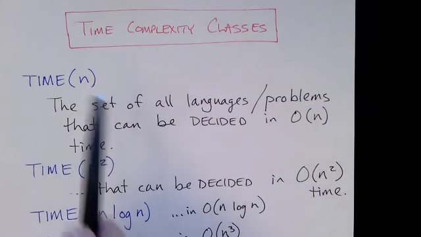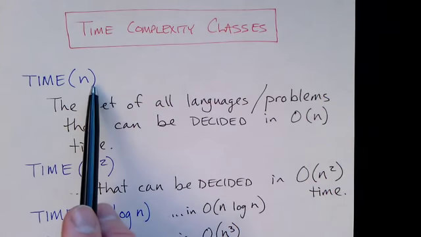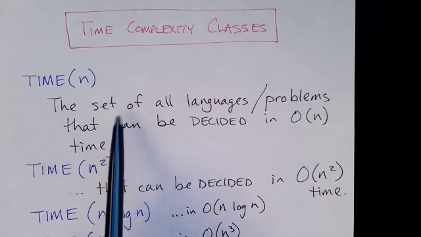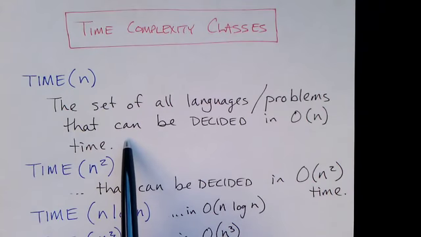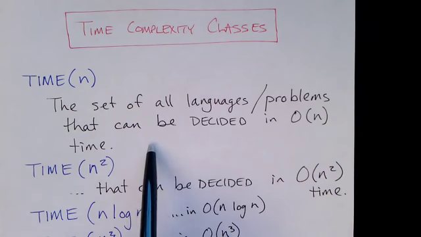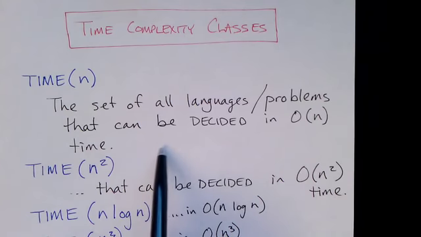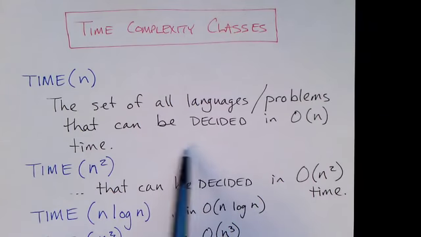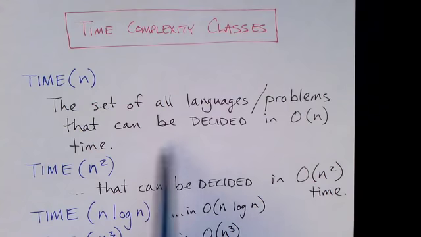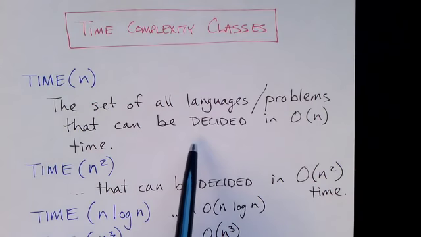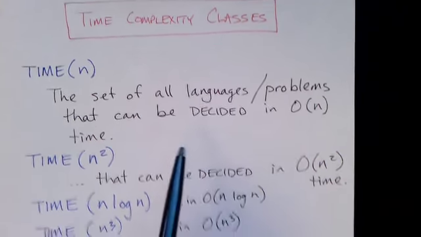This would include, of course, all regular languages, because a regular language can be decided with a finite state machine, and that finite state machine scans through the input, and for each character of the input takes one transition. So the running time is just n, the length of the input. So that is certainly linear time.